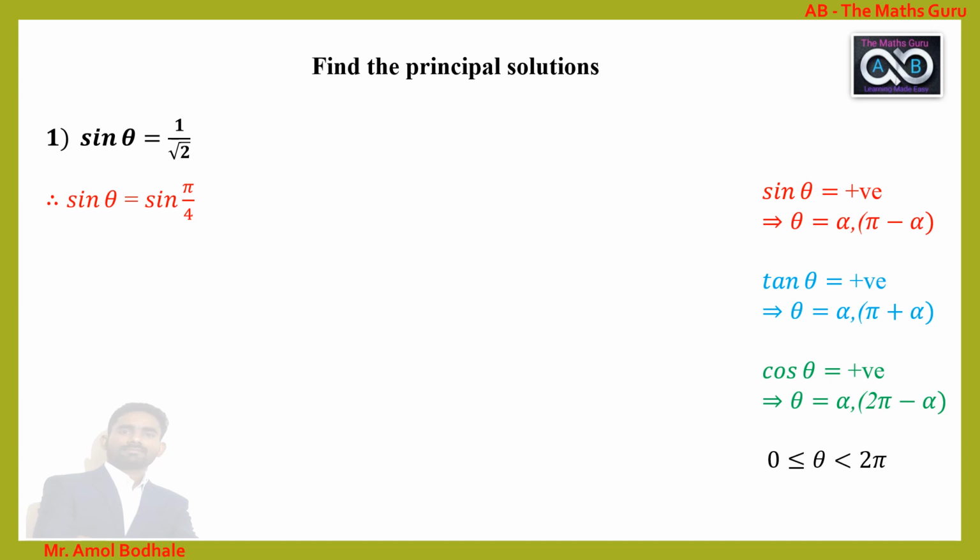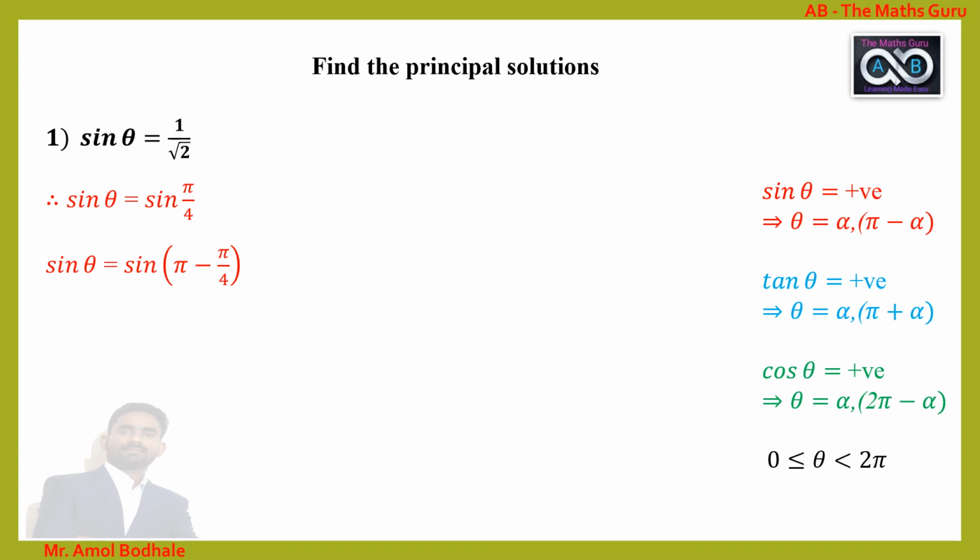So we can say its solutions are alpha and pi minus alpha. We have one solution, alpha, that means pi by 4, and the other solution we can write as pi minus pi by 4, because we know that sin theta is positive in the first quadrant and second quadrant.